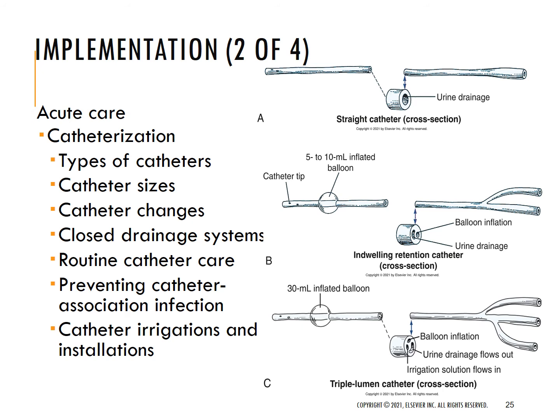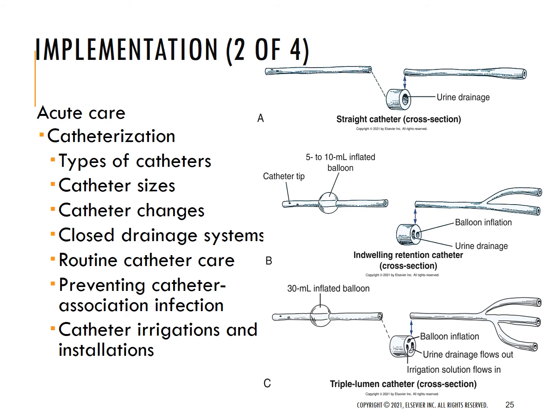However, there's some very important information on this slide that you do need to know at this point, and that is how to provide routine catheter care for the purpose of adequate hygiene and preventing catheter-associated infections. Remember that the urinary tract is a sterile system, and we have to make sure that the care we provide doesn't introduce bacteria into that system.